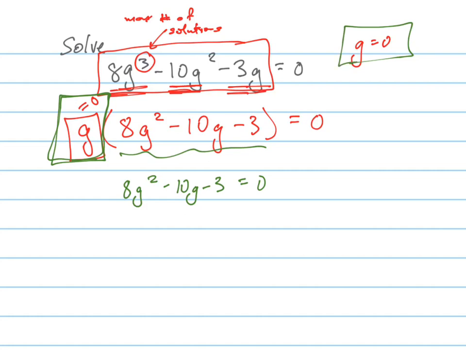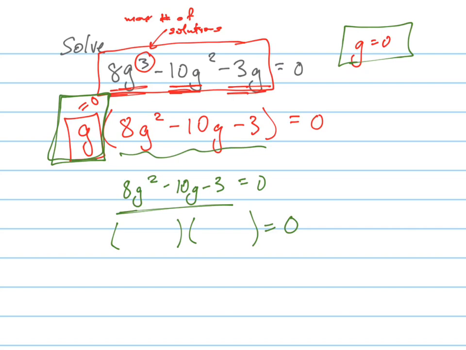This I'm hoping will factor. There's lots of different ways to do this, and I'm not going to teach you all of them, but I'm just going to do it the way that would be most obvious to me. And I'm using what's called guess and check, hoping that this factors.